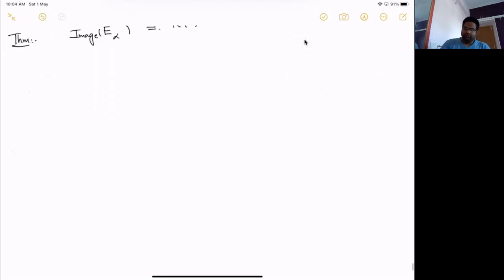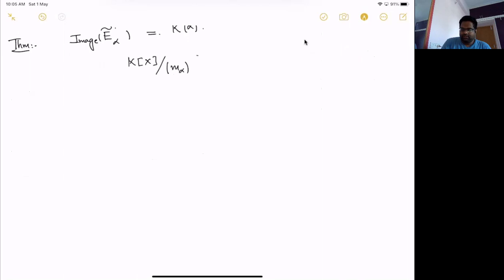Therefore, in particular, we see that K[X] mod M alpha is isomorphic to K of alpha, and the isomorphism is explicit. It's not some arbitrary isomorphism. An element f of x plus I is sent to f of alpha. So the isomorphism is induced by E alpha.